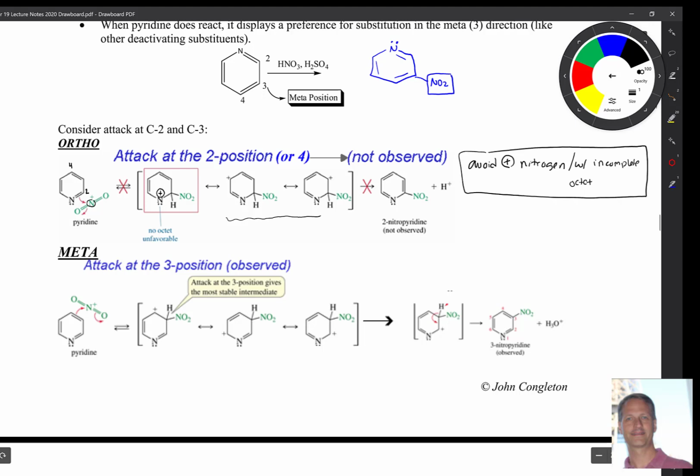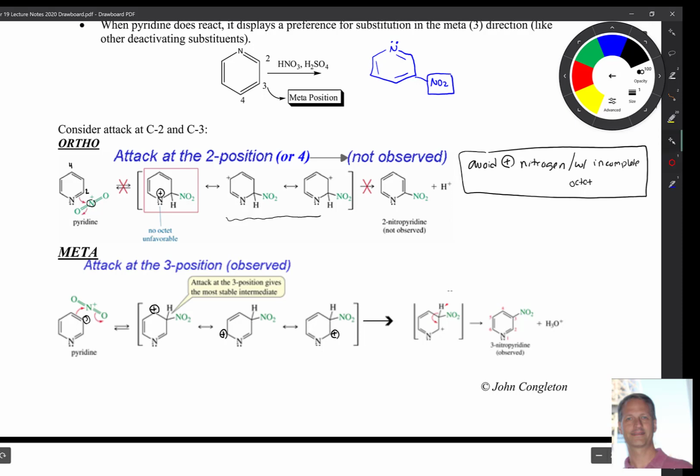It's electronegative and it wants to have a full octet. Now when we attack at the meta position, here's our 3 position, we get a plus charge on these two positions and then one over here, and I'll let you put in your arrows for this. But in the end, when we attack at the meta position, we avoid having the positive charge and an incomplete octet on nitrogen.